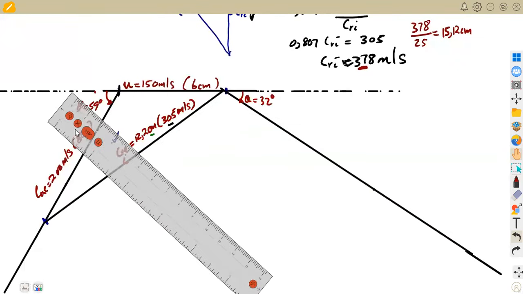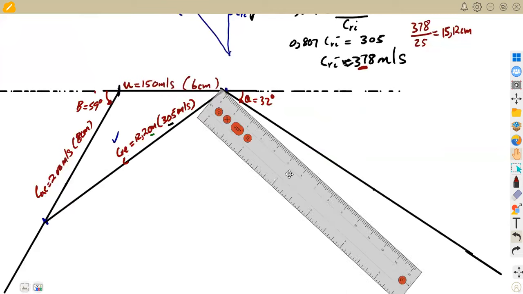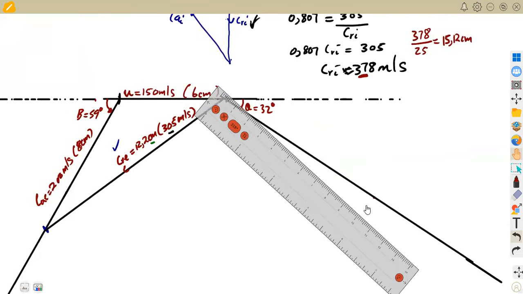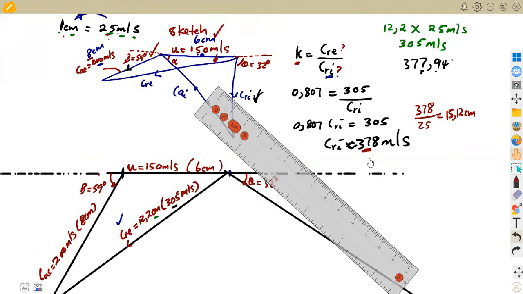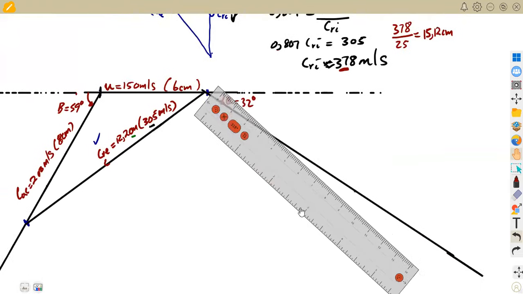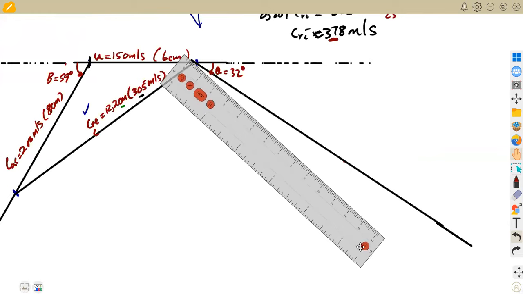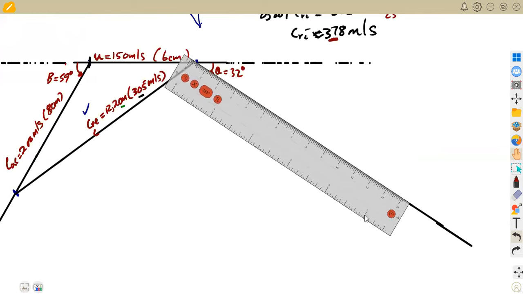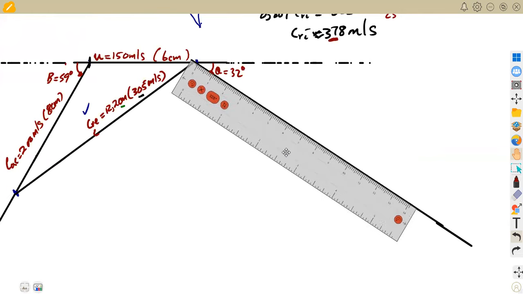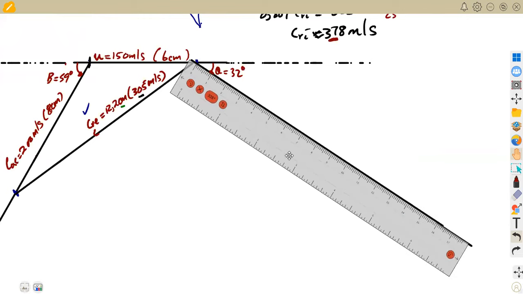So in this case here, we are just going to measure along this line because this is where our inlet is supposed to be. So we are going to measure along this line. Already you have drawn this line here. Maybe that was going to be somewhere along this line, 15 point something. So you're supposed to measure properly, guys.